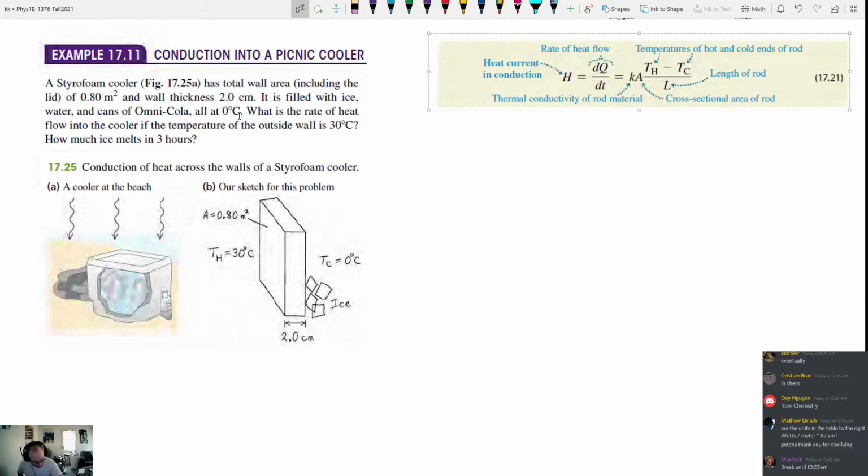Okay, they've drawn a picture for us here. I guess that picture's fine.